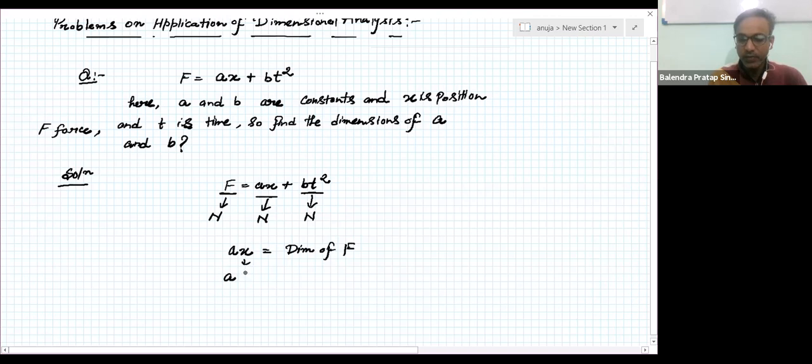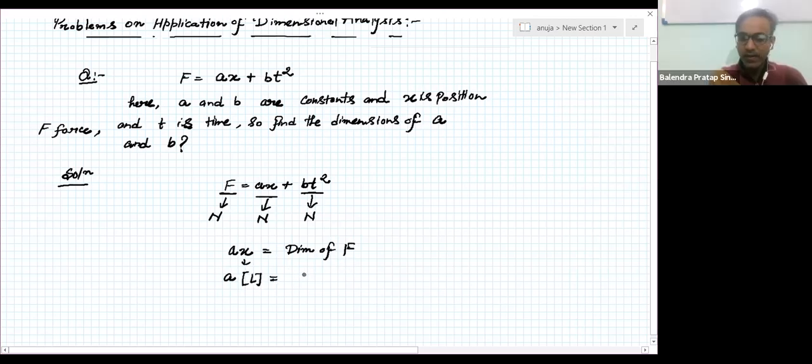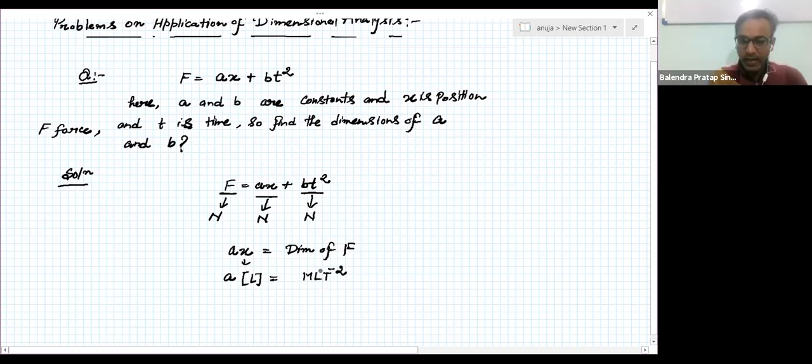It's a position, so the dimension of x is length, and the dimension of F is MLT minus 2. Here L and L cancel out, so the dimension of A is MT minus 2.